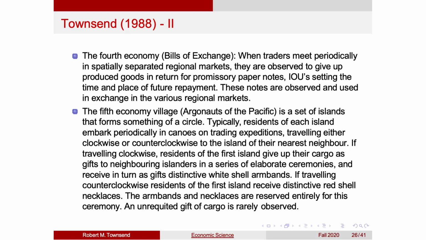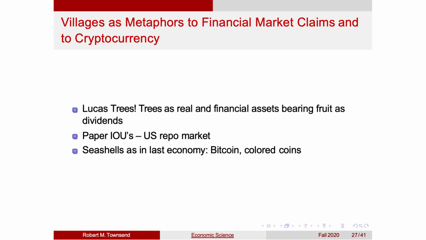Okay, so at this point, you may be a little worried that we're about to study villages and anthropological works, but let me draw an analogy that is revealing about the way economists think about modeling economies. Lucas, the same Bob Lucas I mentioned before, talks about trees bearing fruit, which is an agrarian metaphor, but he didn't really mean a village, and Lucas doesn't like villages very much, actually.